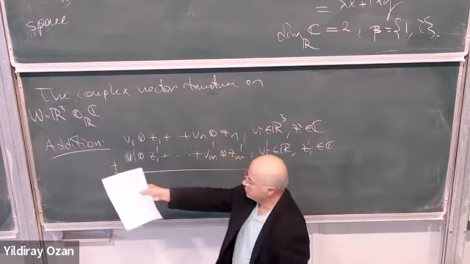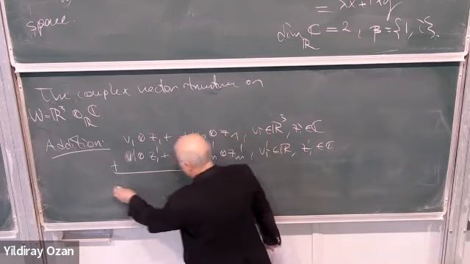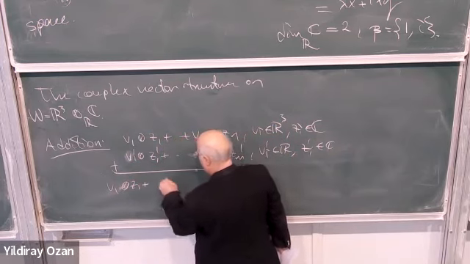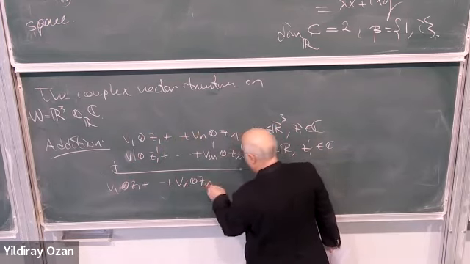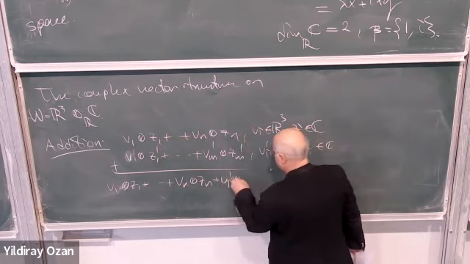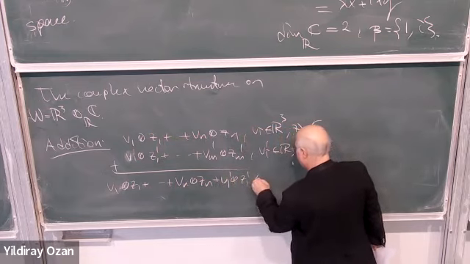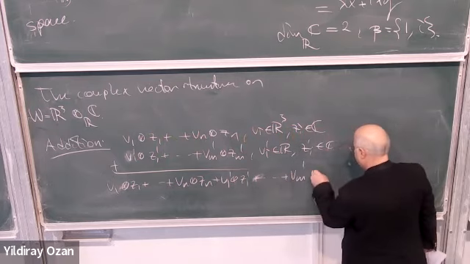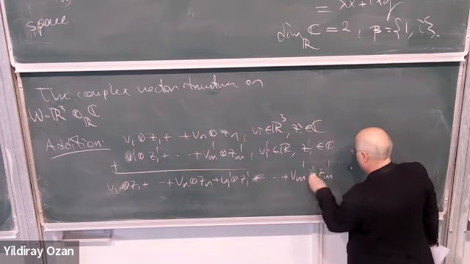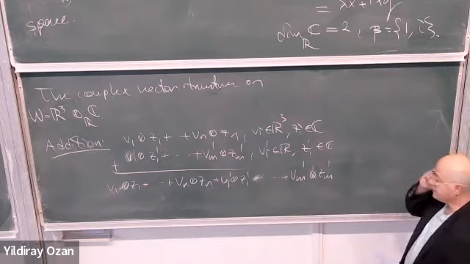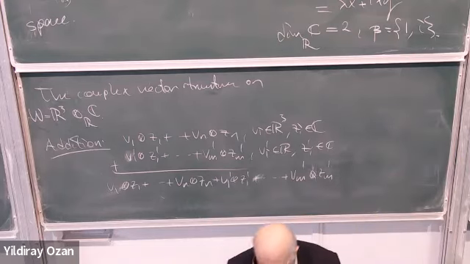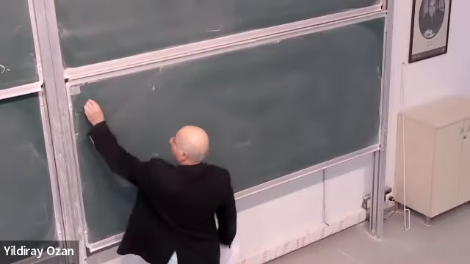Well, we just write them together: v1 tensor z1 up to vn tensor zn, and now v1 prime tensor z1 prime up to vm prime tensor zm prime. So this is the addition operation. What about scalar multiplication? I have to tell you what the scalar multiplication is.